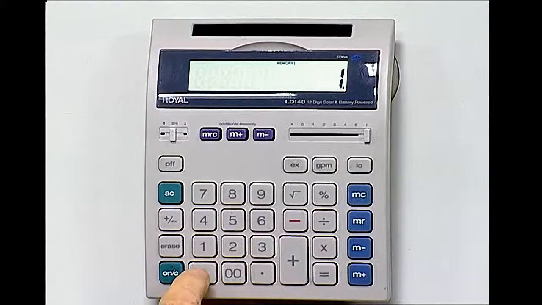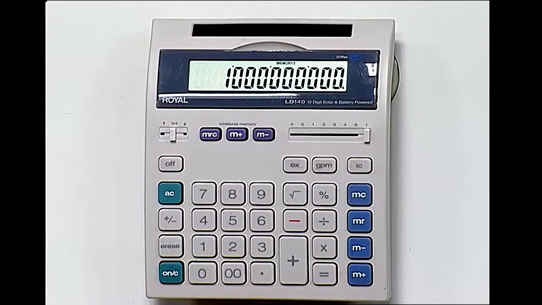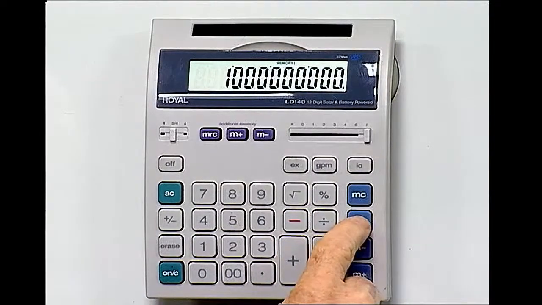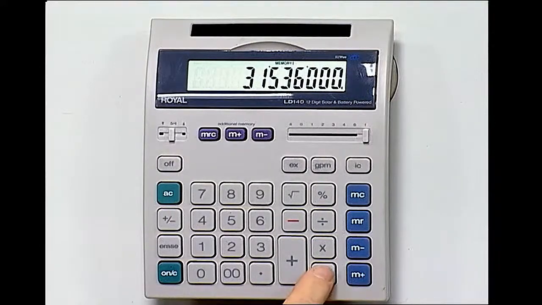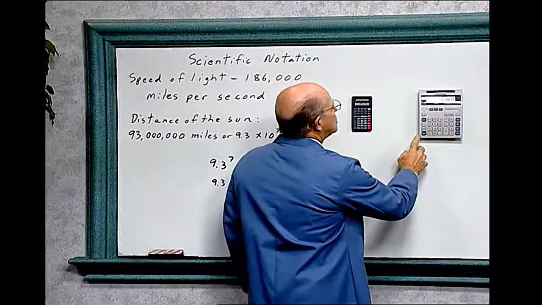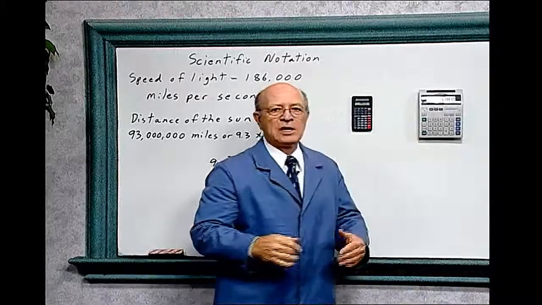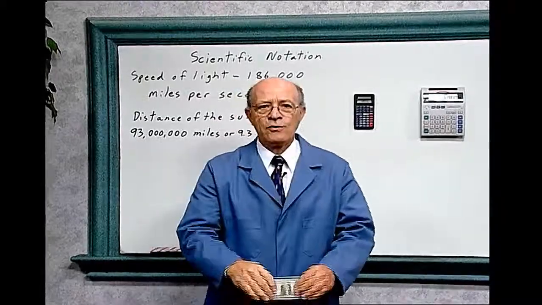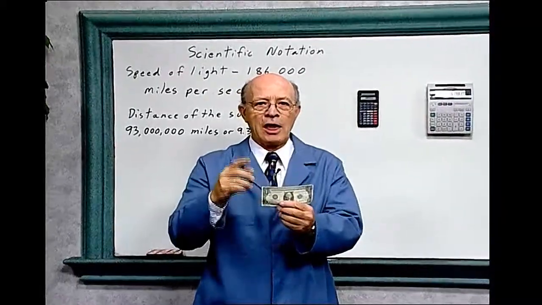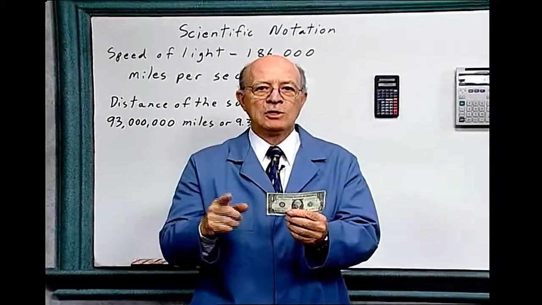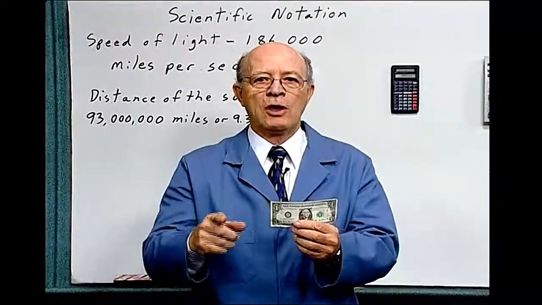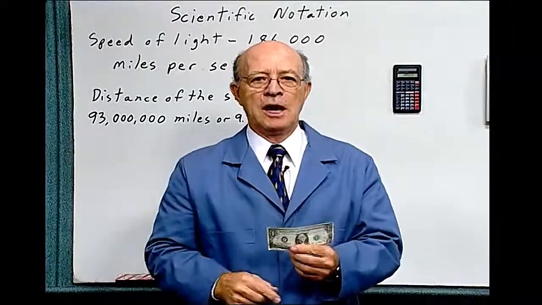That's 1, that's 1,000, 1 million, 1 billion. We're going to divide that by memory recall equals, so it would take you 31.7 years. So if you earned $1 every second, it will take you over 31 years to have earned $1 billion.